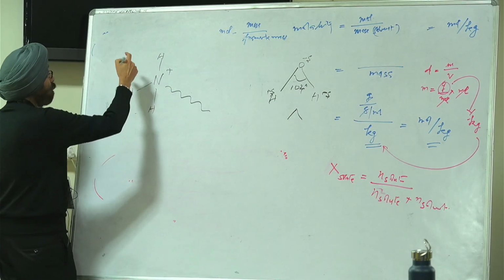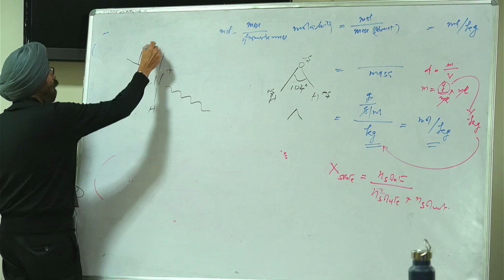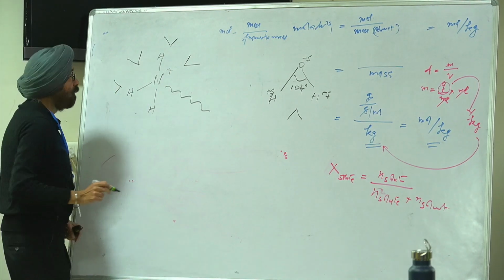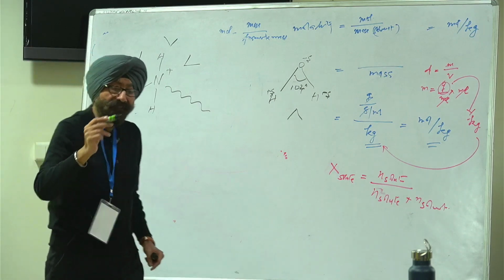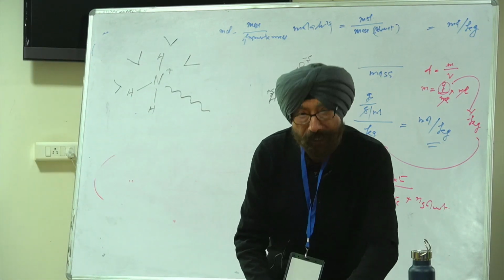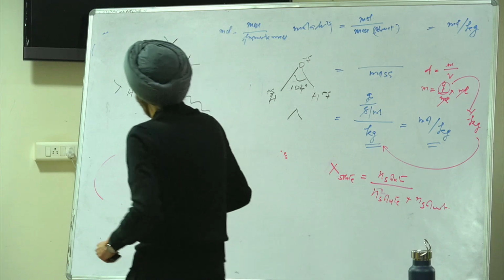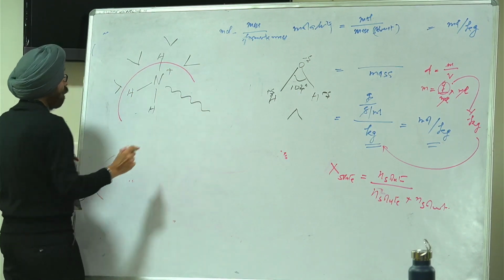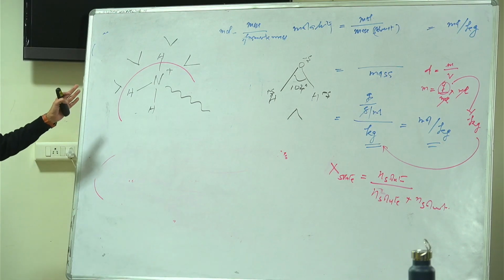On the basis of this, how are you going to arrange it? Obviously, you are going to arrange it like this. What I am saying is that it is in fact a blanket of hydrogen-bonded water structure around the cation, and I can say this is the hydration sphere of water.